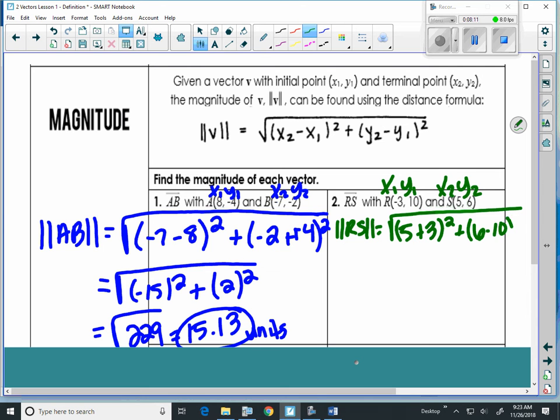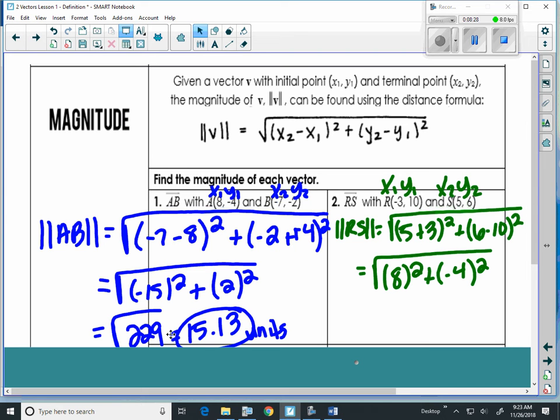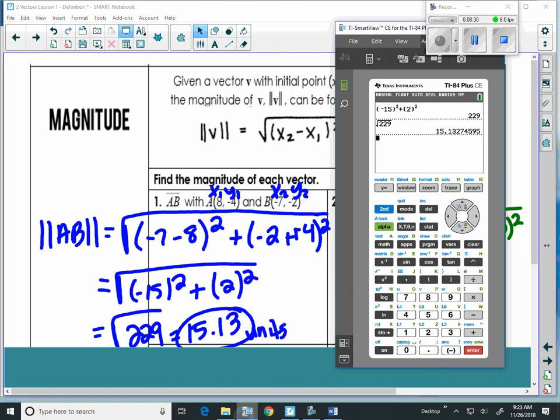And then 6 minus 10. Okay, what's 5 plus 3? 8. And what's 6 minus 10? Negative 4. Okay, now we can put our 8 squared plus negative 4 squared in our calculator.